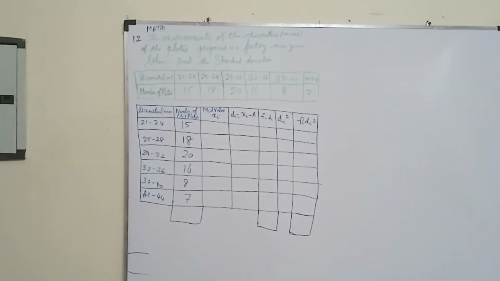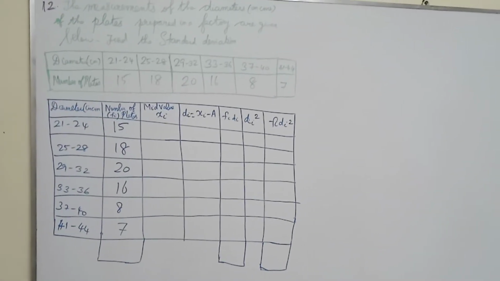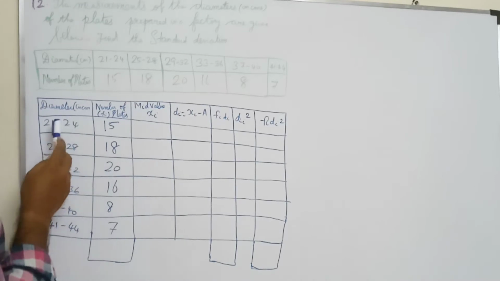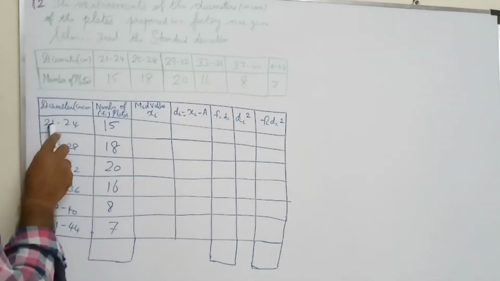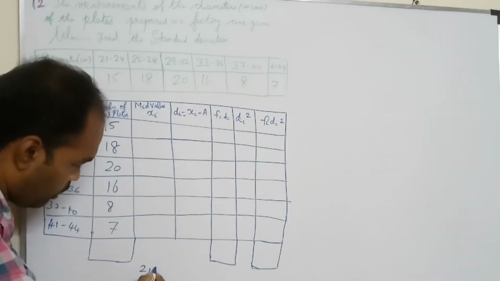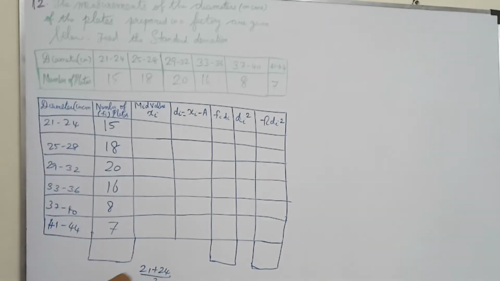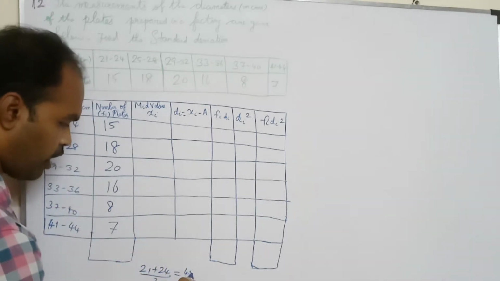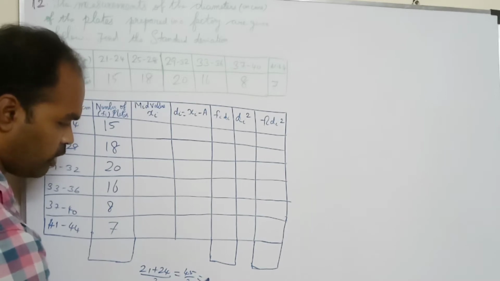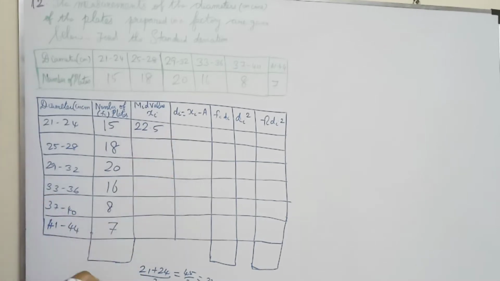So now, how do we find the xi value? We find the xi value from the diameter which they have given. 21 to 24 is 21 plus 24 by 2, because two numbers are there. 21 plus 24 is 45, 45 by 2 is 22.5.